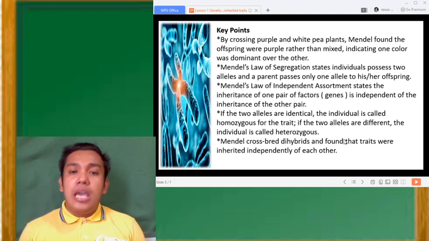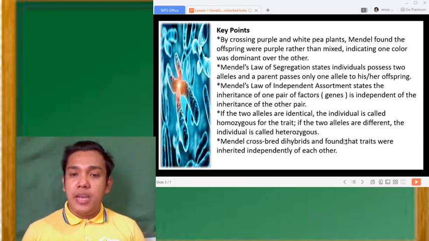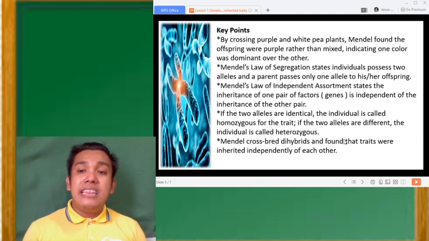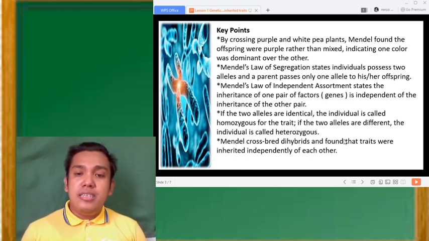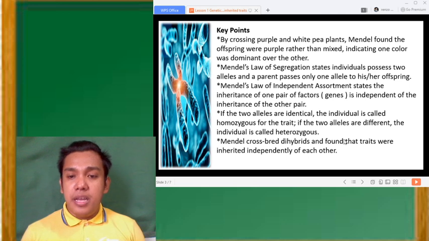Fourth, if the two alleles are identical, the individual is called homozygous for the trait. If the two alleles are different, the individual is called heterozygous. The last one is, Mendel crossbred the hybrid and found that traits were inherited independently of each other.